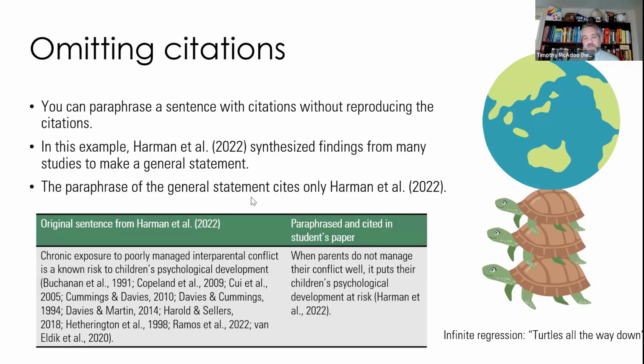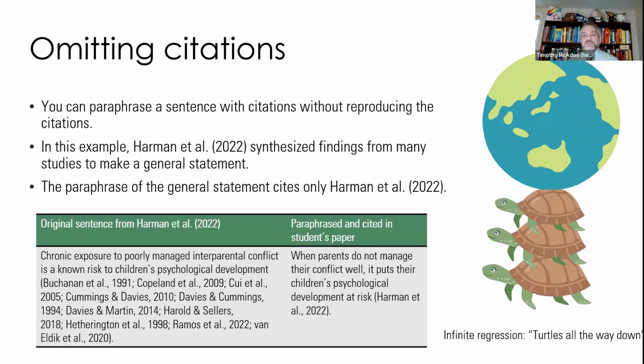You can do what we've done here in the right-hand column. You paraphrase Harmon et al.'s assertion, and you can simply cite Harmon et al. 2022 without also citing all those works that they cited. So you're really just relying on Harmon et al.'s understanding and summation of those works, and you're citing Harmon et al. because that's what you actually read.